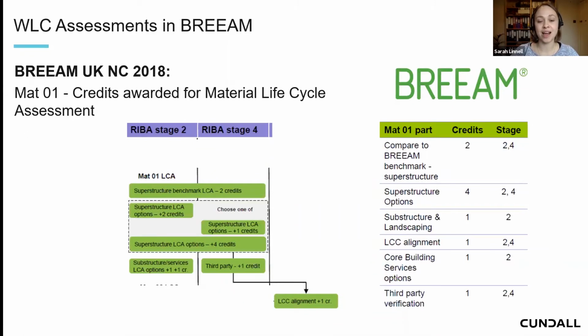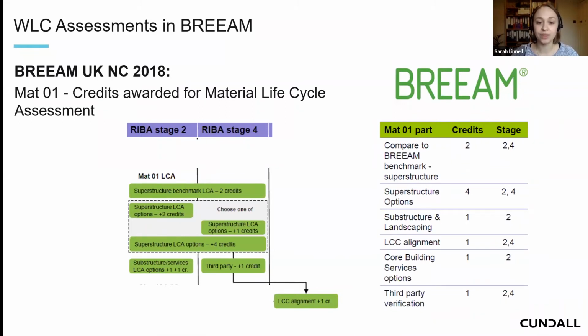So you might be aware of life cycle assessments through the integration in BREEAM. And actually one of the biggest changes which came in with BREEAM 2018 within the Mat 01 issue is this move away from the Green Guide rating systems completely, and instead applicants are required to do a full life cycle assessment at both RIBA Stage 2 and RIBA Stage 4.